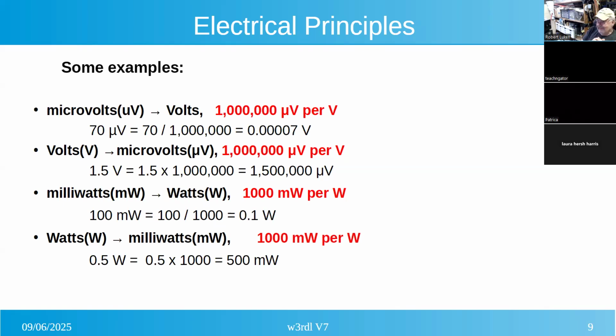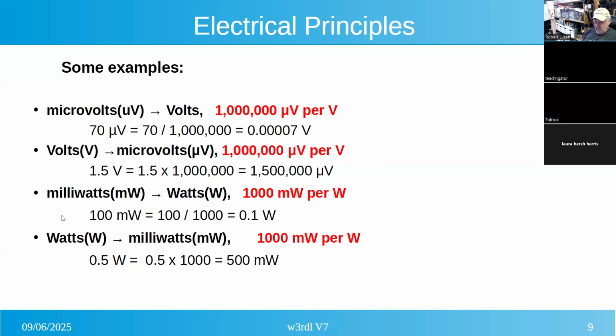We would normally just keep that in microvolts because it's a lot easier to write and deal with than saying 0.00007 volts. If we were going volts to microvolts, it's the same ratio, but we multiply. So 1.5 volts would be equal to 1.5 million microvolts.